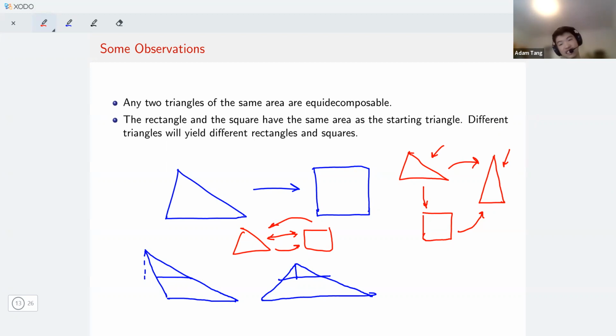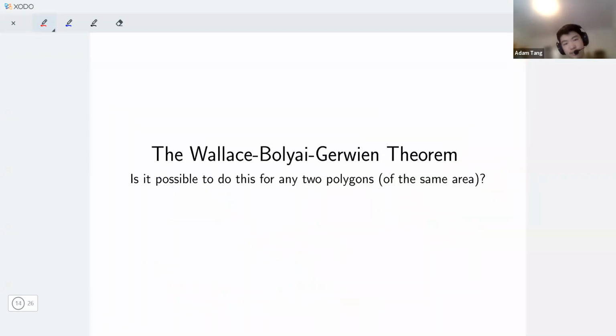Also, this square is not arbitrary. It has to have the same area as the starting triangle, so this square is unique because it's determined by the side length. The side length will be the square root of the area of the triangle, so that the triangle and the square have the same area. Great.